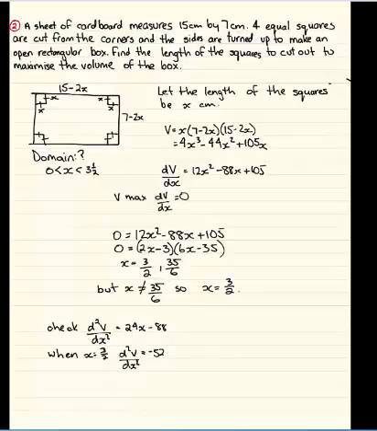So therefore it is concave down, and our function is maximised when x is equal to 3 over 2, or 1.5 centimetres. Okay? That's what you need to do exercise 2.10.